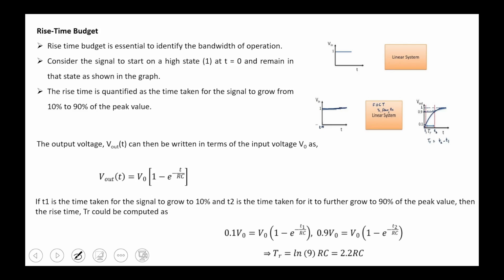Yes, sir. TR is equal to 0.35 divided by bandwidth. So TR equals 0.35 divided by bandwidth. It can be related to delta F, as in communication.